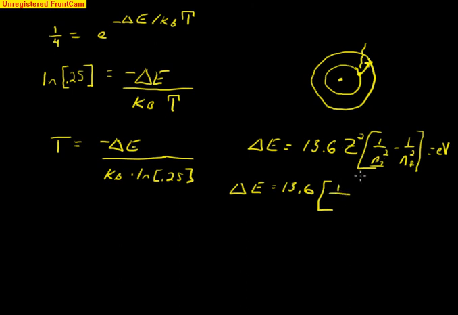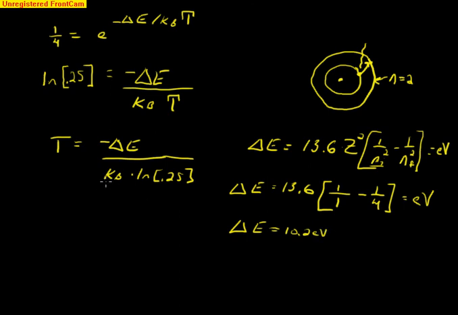So remember, our initial state was the ground state. So 1 squared is 1. Minus, well, this part right here, we've jumped up to our new state where n is equal to 2. This first excited state. So 2 squared, this will be 1 over 4. And this will give us our electron volts. This works out to a change in energy equal to 10.2 electron volts.